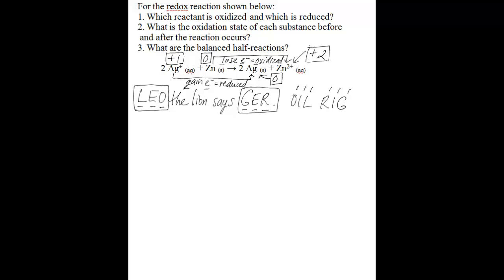So you go from 0 to a more positive number of +2. That means you're losing electrons because electrons have a negative charge, so your number is becoming more positive. So knowing oxidation states of the different substances involved in your redox reaction can help you answer that first question. In this case, it was easy to answer, but in some cases, you need to really think about what the oxidation state is of a substance because it's not so obvious sometimes as it was here.